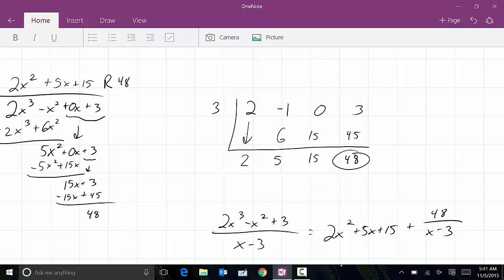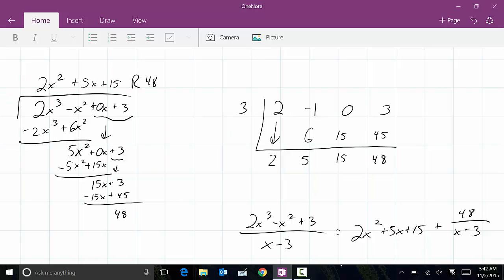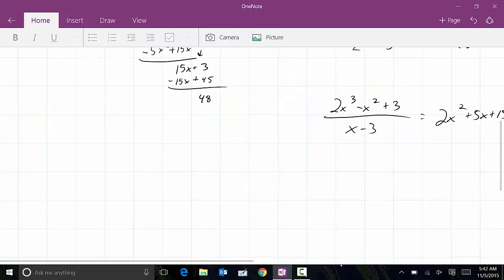Okay, and so it's like, well, how did you know I needed to start with an x squared? Well, I just counted. This is constant, that's linear, that's quadratic, and so that's why I knew I needed to start off with an x squared term. Okay, so that's the idea. This is synthetic division. Now let's go through some more examples.